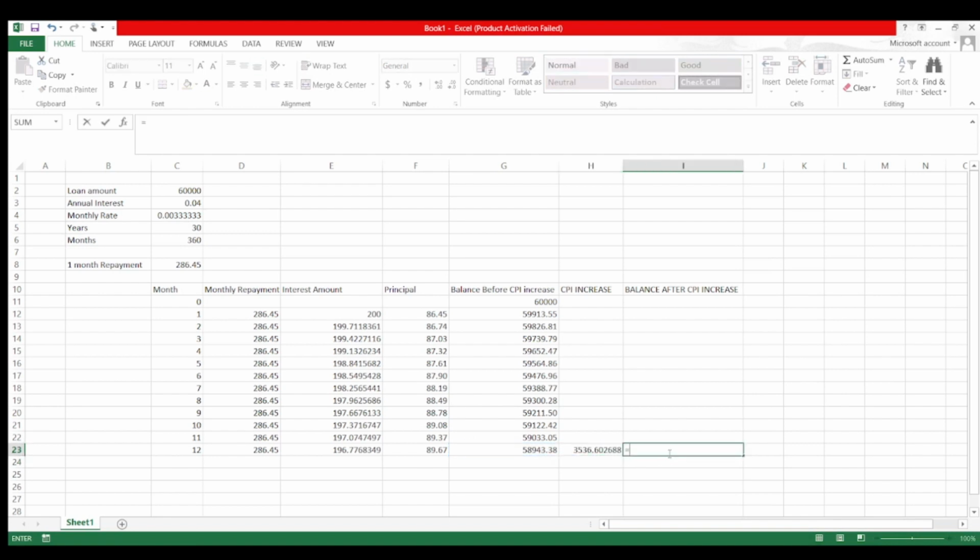Then the effective loan balance after adding the inflation will therefore be this loan balance plus the CPI increase. So the actual loan balance at the end of the first year will be 62,479.98.